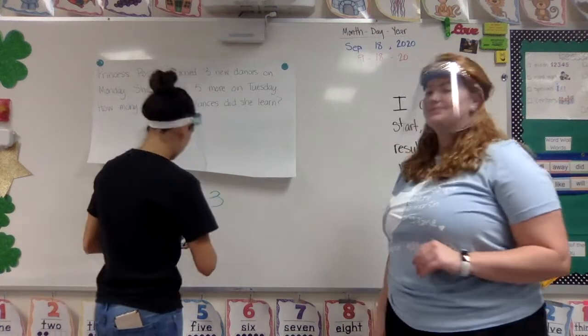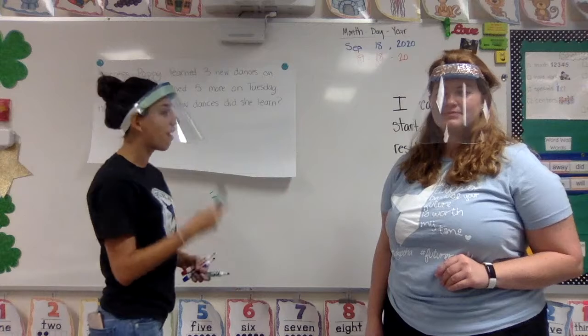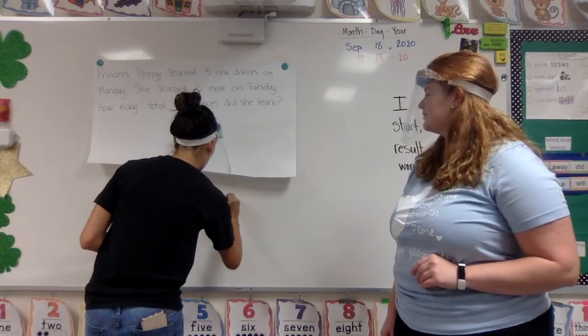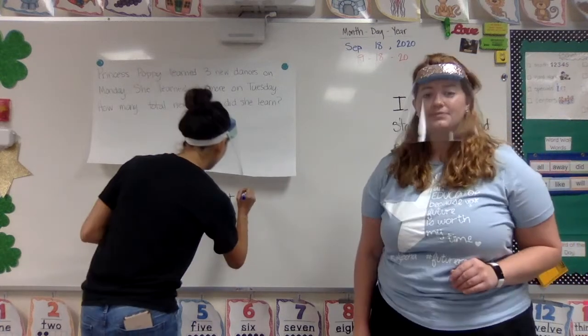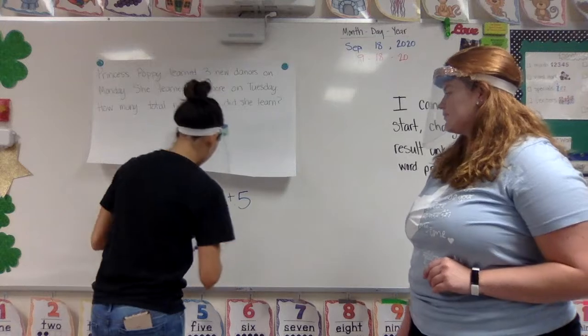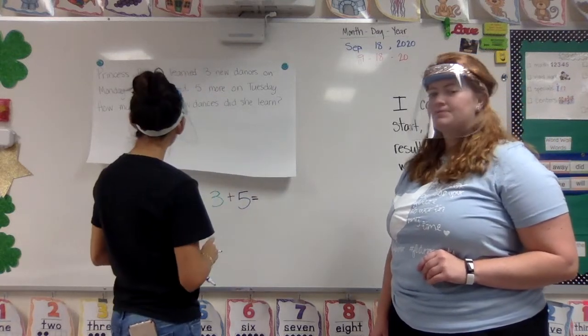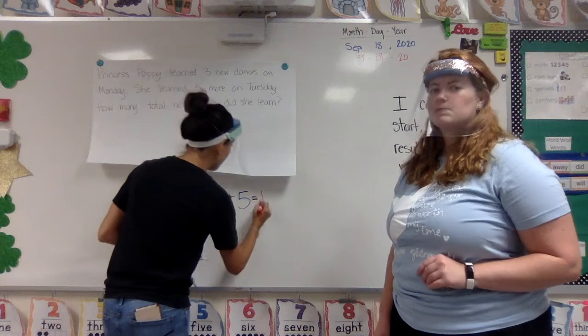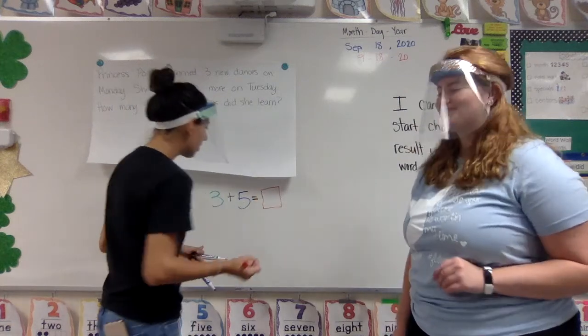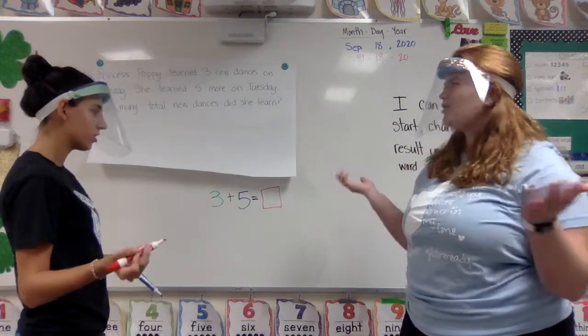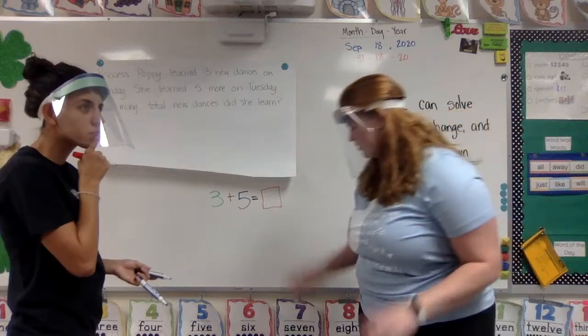So I'm going to start with the number 3. And if she learned 5 more, that means that I'm going to add the 5 more dances that she learned. And in total, I don't know how many she got at the end because our question is how many total did she learn? So, how do you draw a dance, Miss Lestico? I don't know. I don't know.